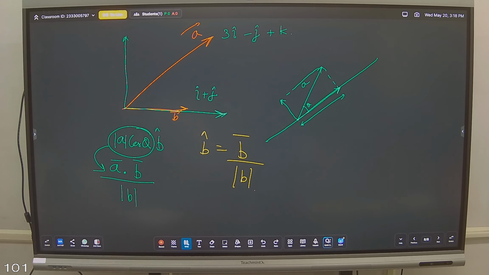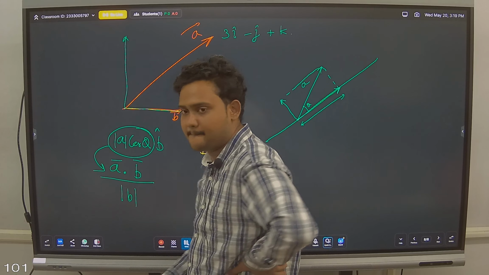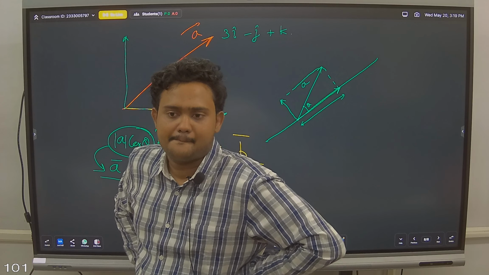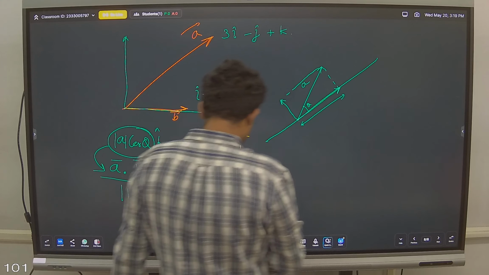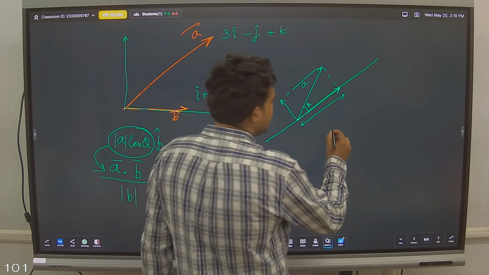So listen, listen. Clowns, what I need is A dot B by mod B into B cap, right?